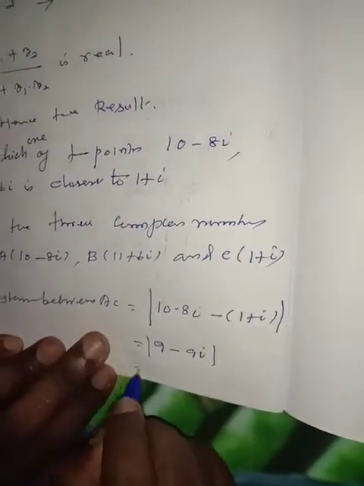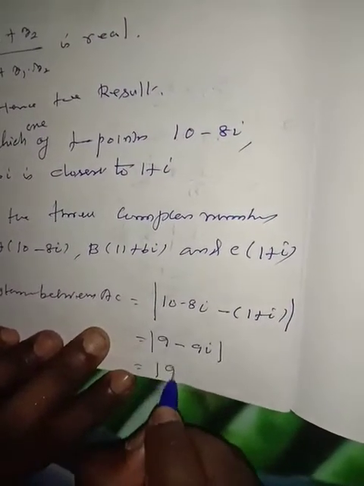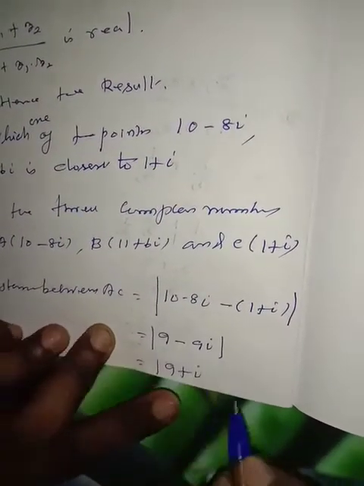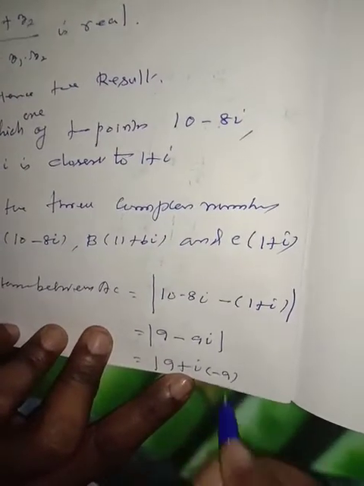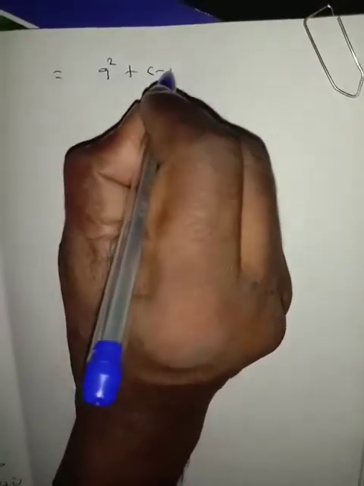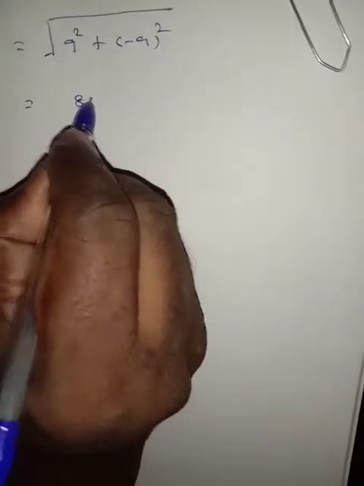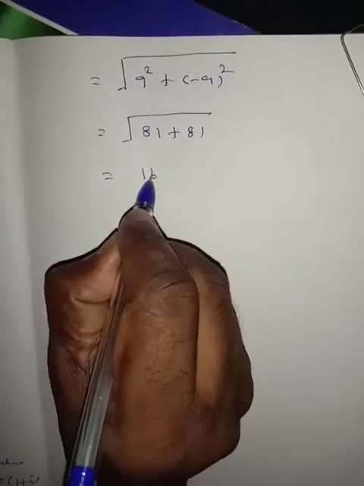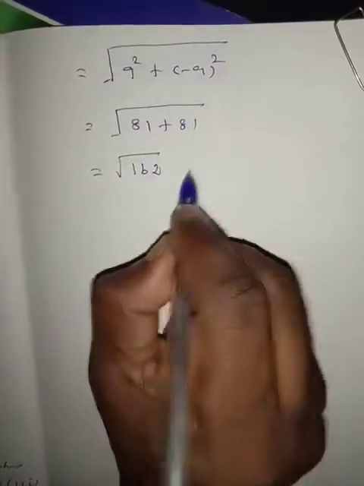This means 9 plus i into minus 9. 9 square is 81, plus (minus 9) whole square, 9 square is 81. Again 81, that is 162. Root of 162 units.